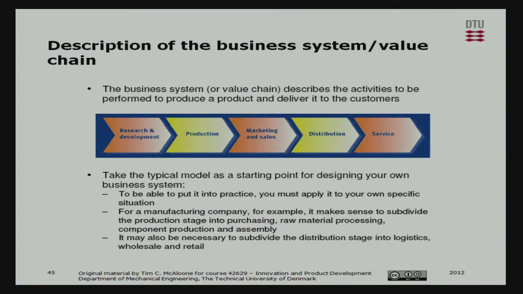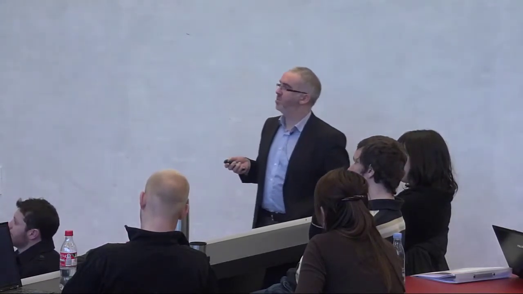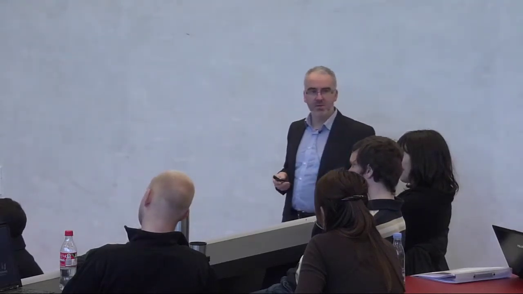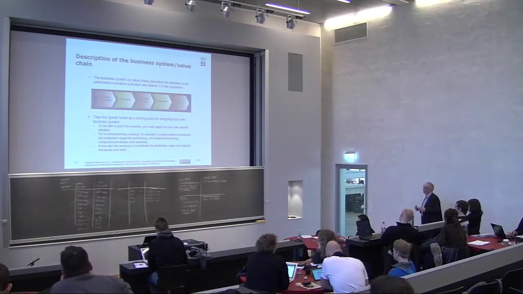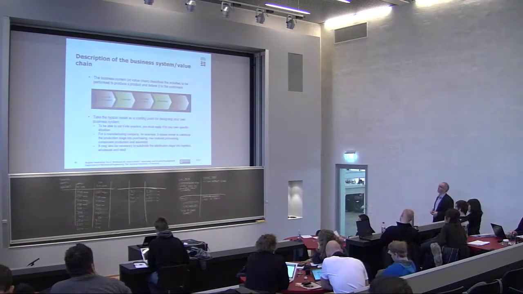Depending on the type of business you're looking at, whether it's very product and manufacturing focused, whether it's more of a service, whether it's insourced or outsourced, you may want to expand on certain of these. The example here is for a manufacturing company, where it would make sense to subdivide the production stage into purchasing, raw material processing, component production and assembly, for example. So expand this model depending on your needs and how it best suits your business plan.